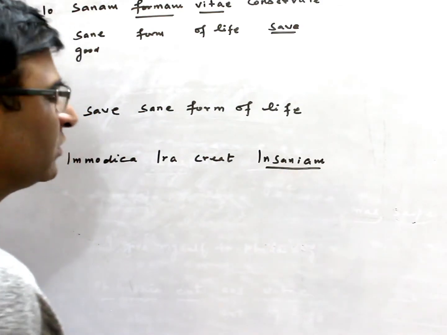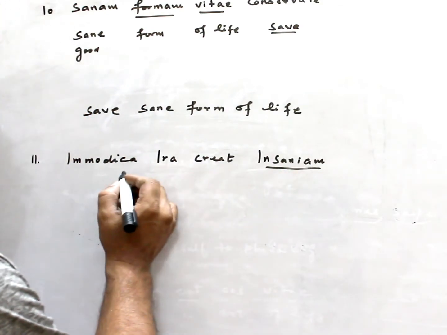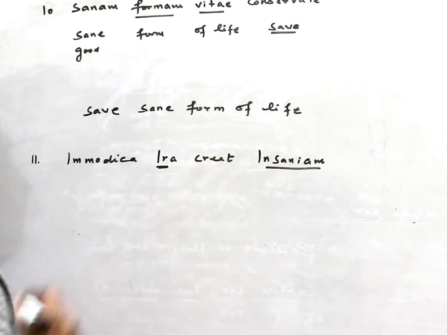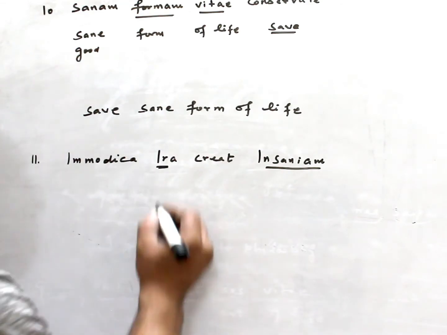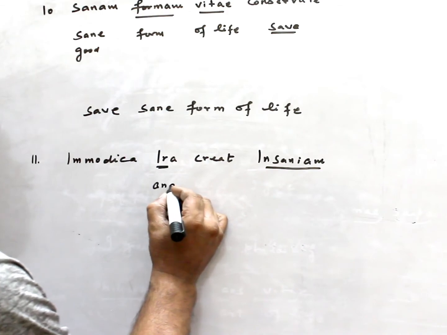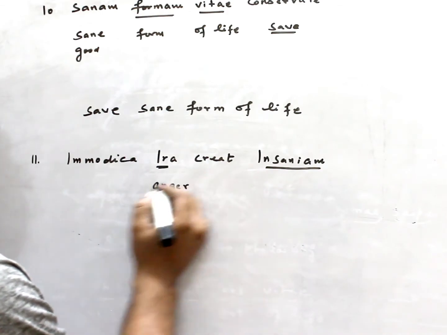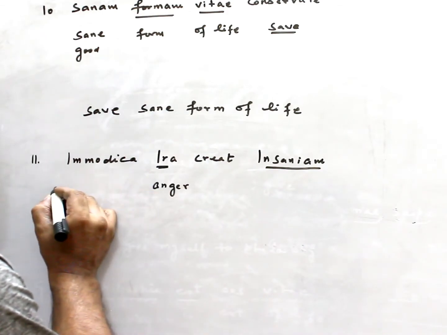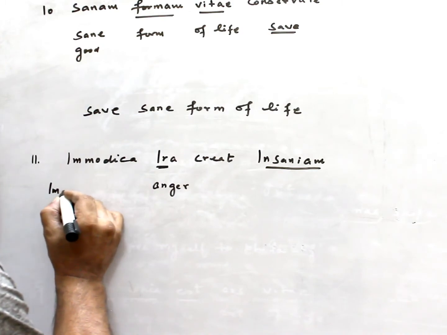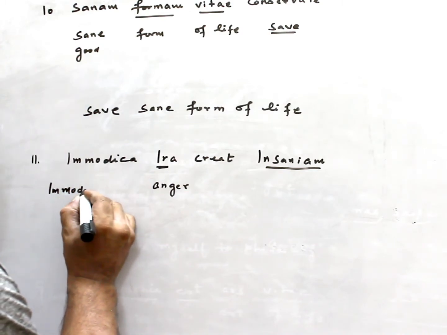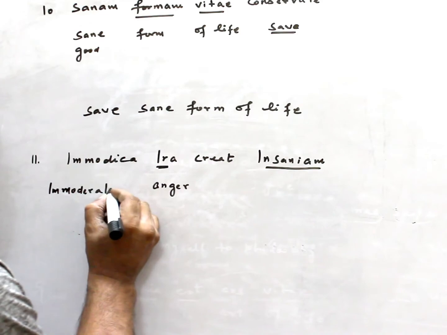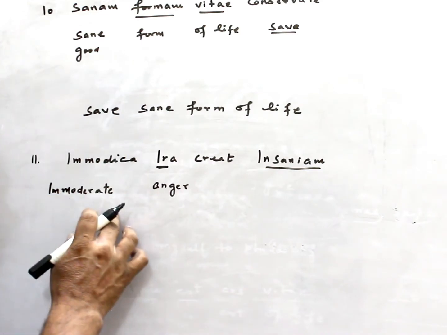This is objective, and this is anger. Ira is anger, and this is immoderate, or out of control.